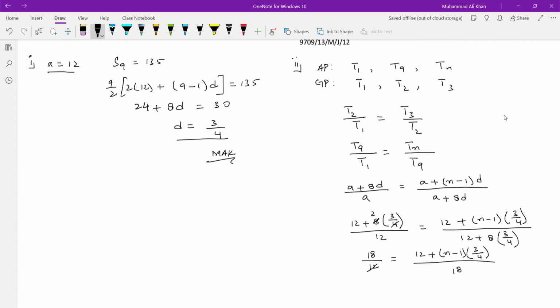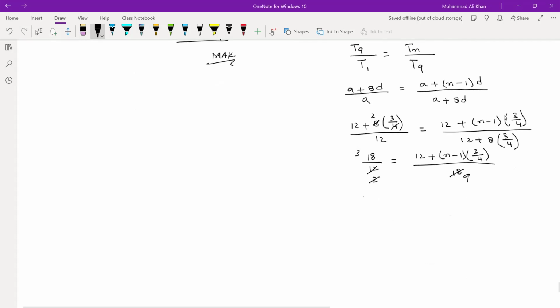So now, 6 2s are 12 and 6 3s are 18, 2 9s are 18, 9 3s are 27.